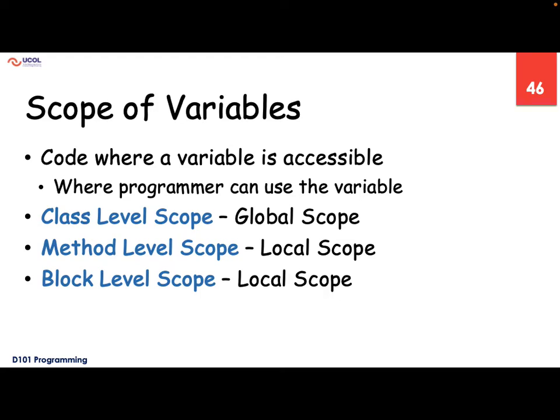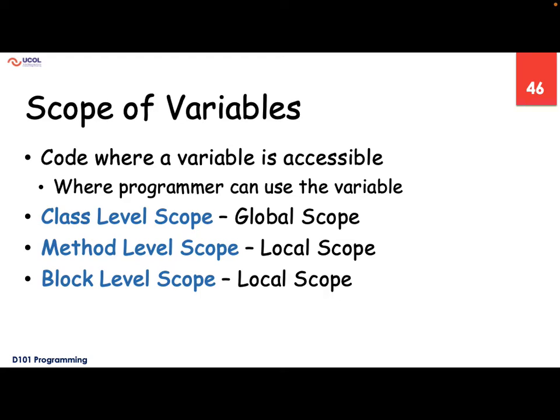Scope of the variable means the area of the code where you can use that particular variable by its name. And it is possible that there are places where you can't access a specific variable, because that code area does not come within the scope of that variable.